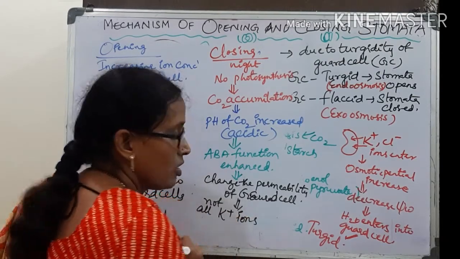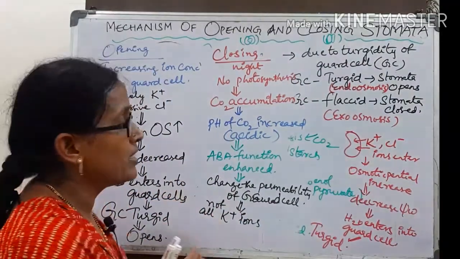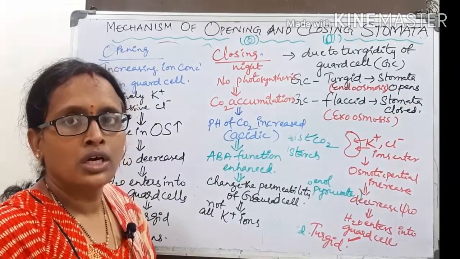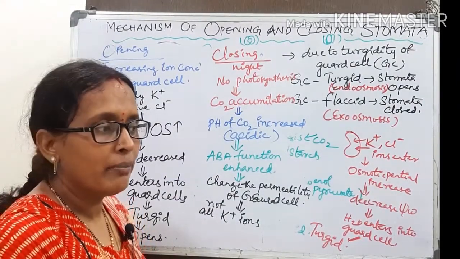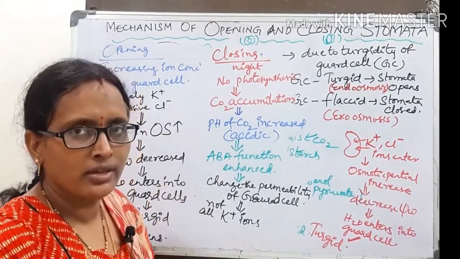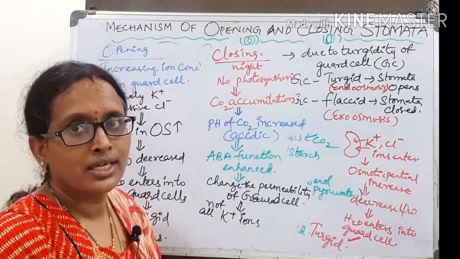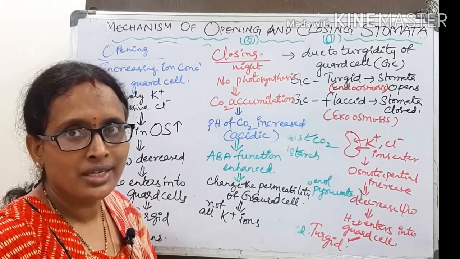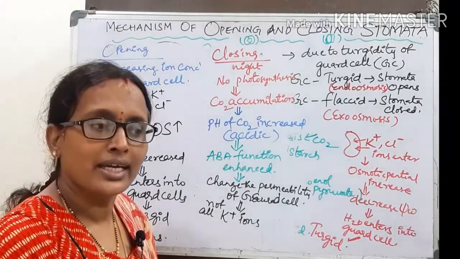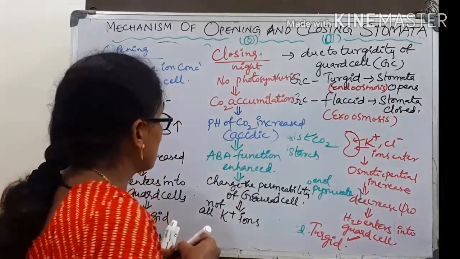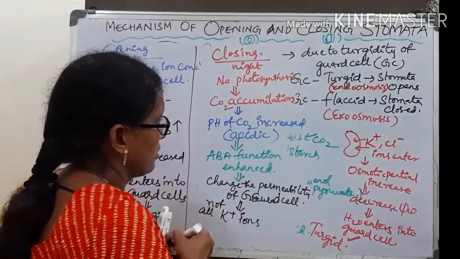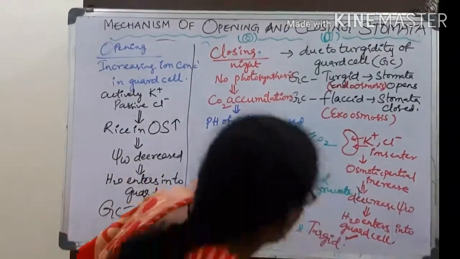K plus ions are not allowed. When K plus ions are not allowed, ultimately what happens? Outside in the subsidiary cells, the osmotic pressure, or osmotic potential, is increased. OP is increased.